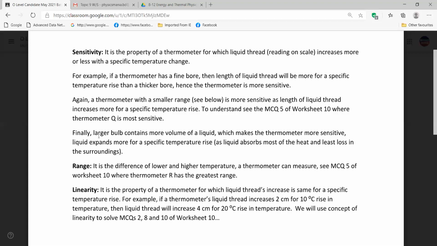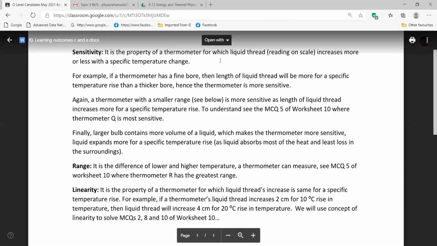Yes. And we know that if the liquid level is rising more, that means the sensitivity of the thermometer is more. So it is clear, right? Sensitivity. Yes, sir. So sensitivity is increasing if the diameter of the capillary is smaller, range is smaller, but the bulb is larger. Two things are smaller and one is larger. Okay? Yes, sir.